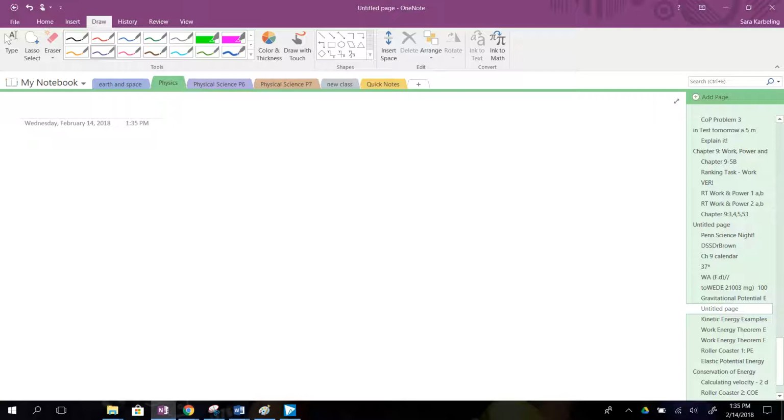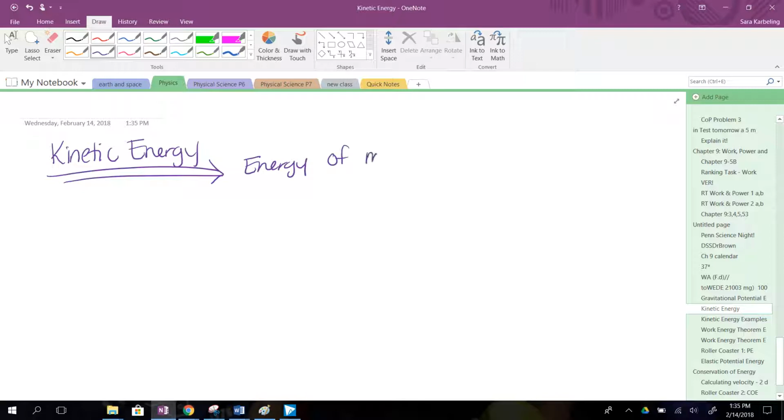The next energy that I want to talk about is kinetic. Kinetic energy is the energy of movement or motion. If something is moving, it has kinetic energy. Can an object have both kinetic and potential energy, gravitational potential energy?